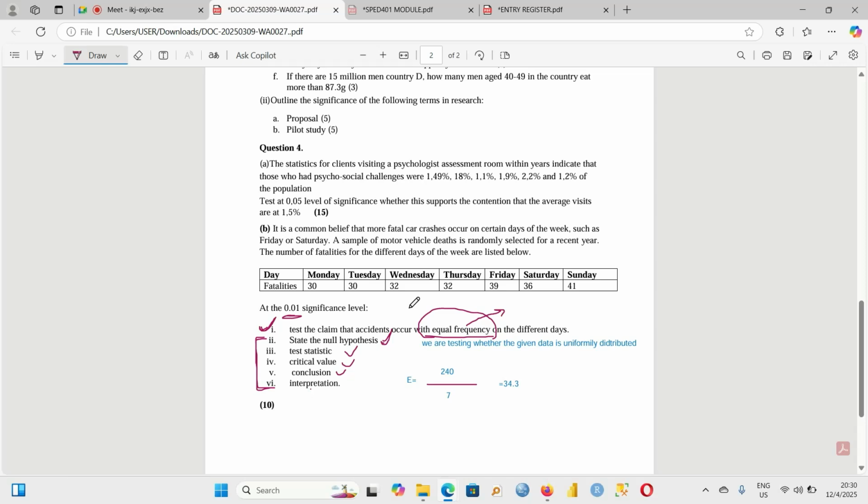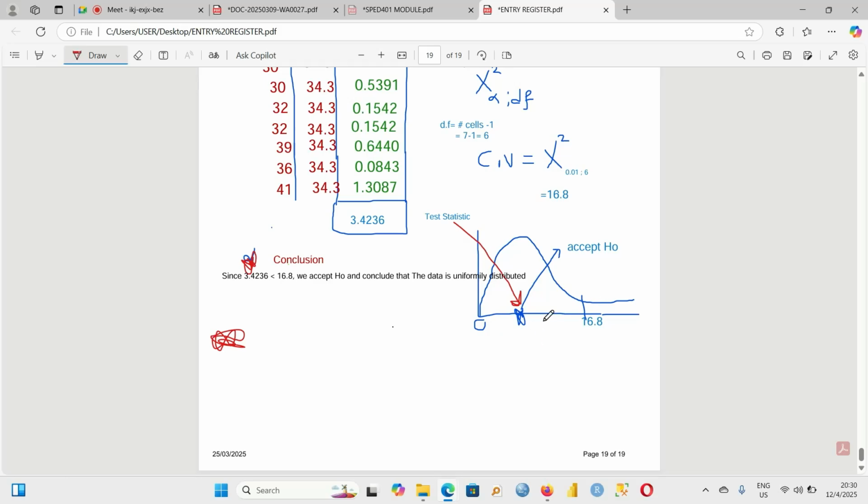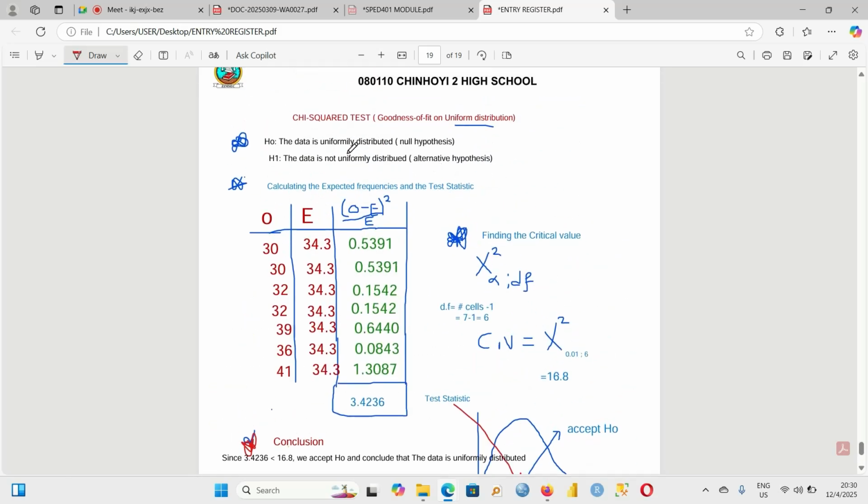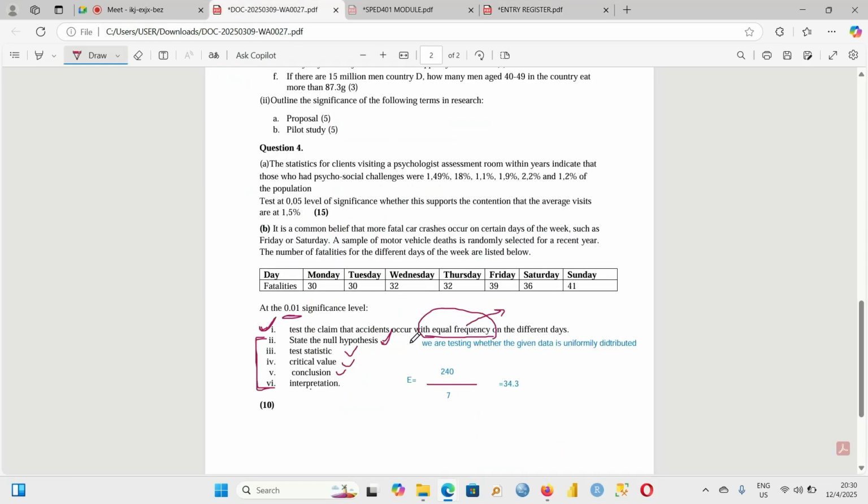The interpretation will be saying the accidents occur with equal frequency each and every day. We have tested the claim to see if the data is uniformly distributed, and from our results we have seen that we accept H0, and our H0 is saying the data is uniformly distributed. So the interpretation will be saying yes, accidents occur every day, Monday to Sunday, with equal frequency of fatalities.